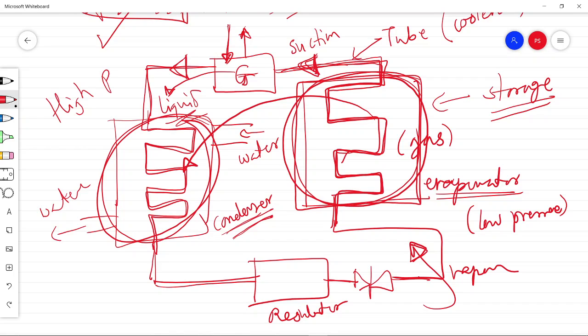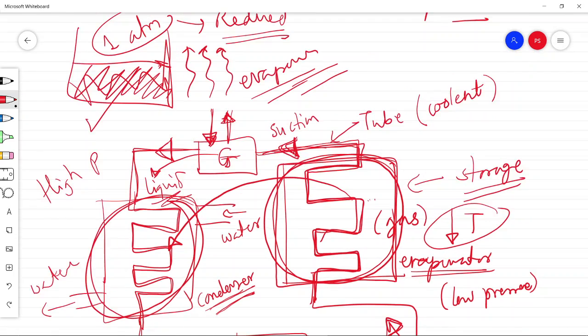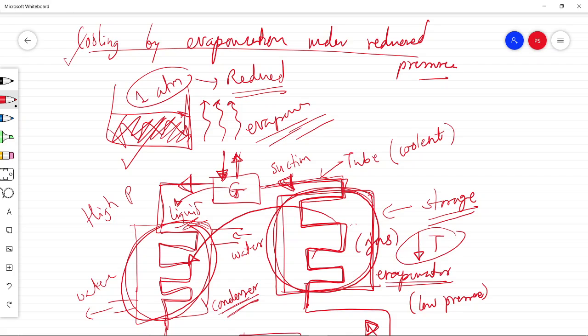And if this cycle is repeated for a long enough interval of time, this region can be seen to have a fall in temperature which is of significant value. So this is how a vapor compression machine works, and that is nothing but how a traditional old age refrigerator works.